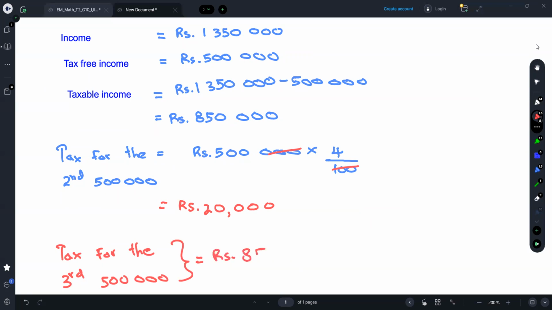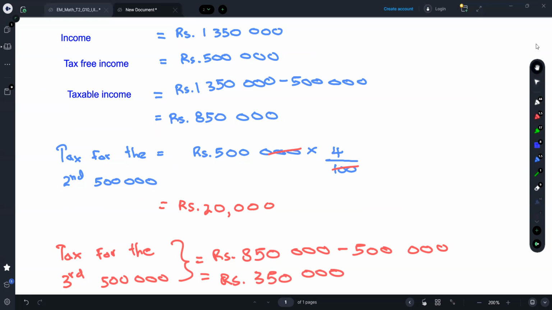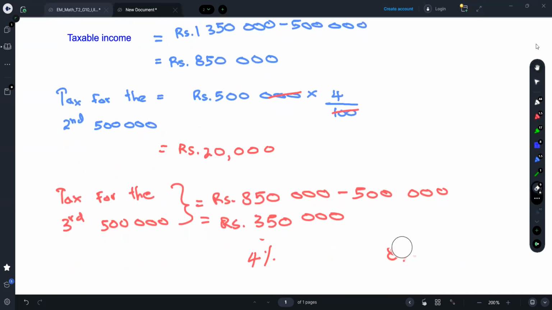rupees 850,000, we should subtract this second 500,000. Then the remaining is 350,000. So for this 350,000, 8% tax is charged.